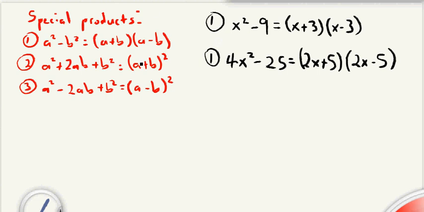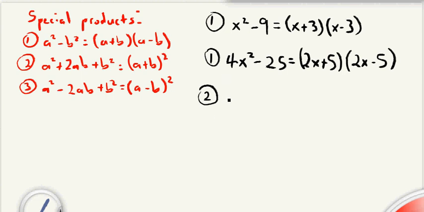So now let's look at an example of the second kind. We've got a squared plus 2ab plus b squared. That doesn't mean you're going to see a 2 in that spot in your example. It means it's going to be 2 times whatever a is and whatever b is. Let's look at an example of that.